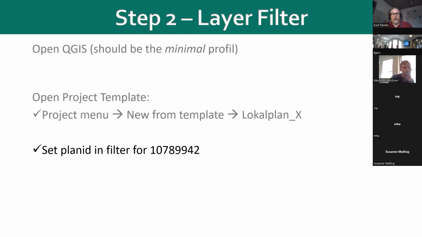So once that is open, there's this step of having to set the plan ID in the layer filter for, I guess that's for the plangrænse layer. So you set the ID to the specific plan you're working for. So it filters that layer so it just equals that one polygon boundary.